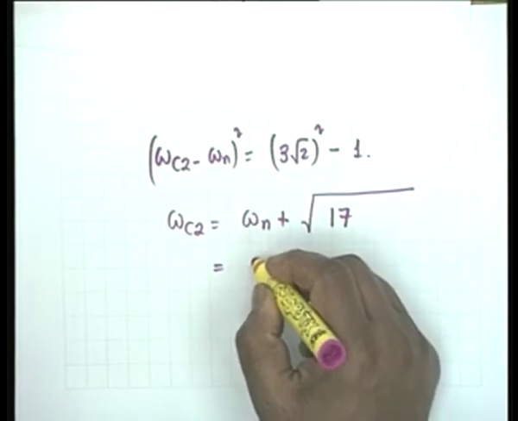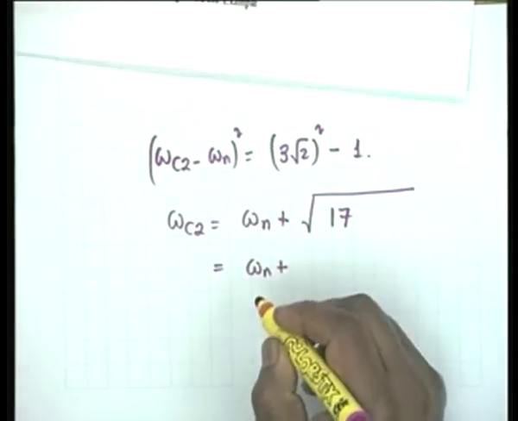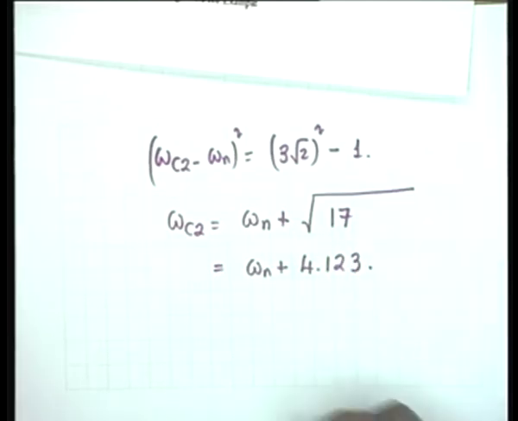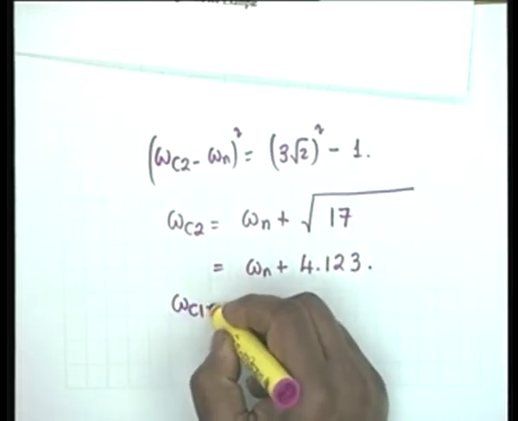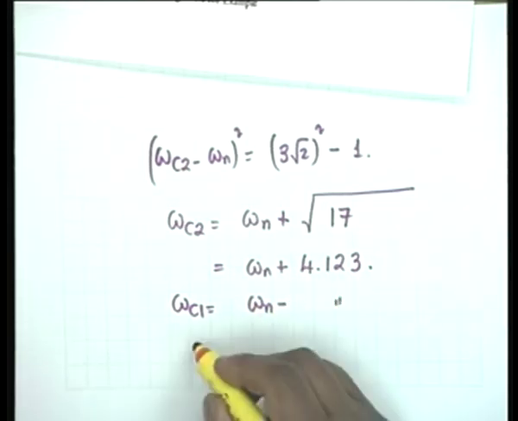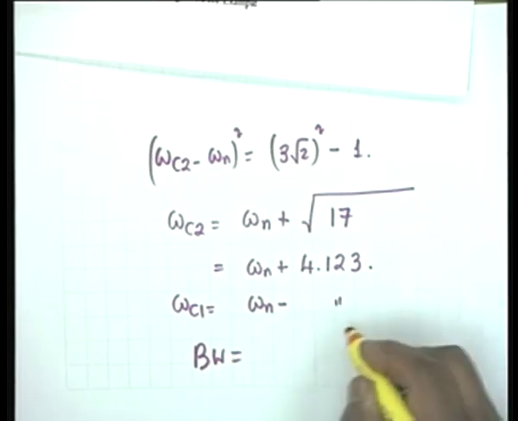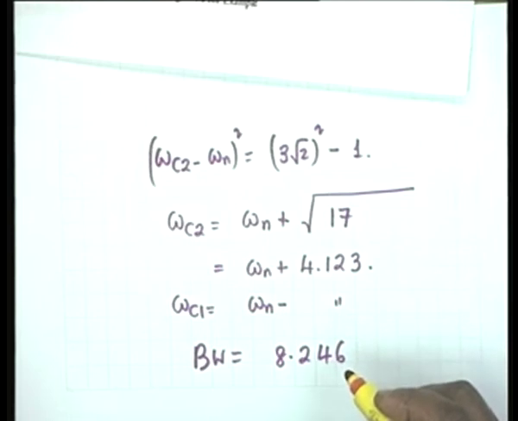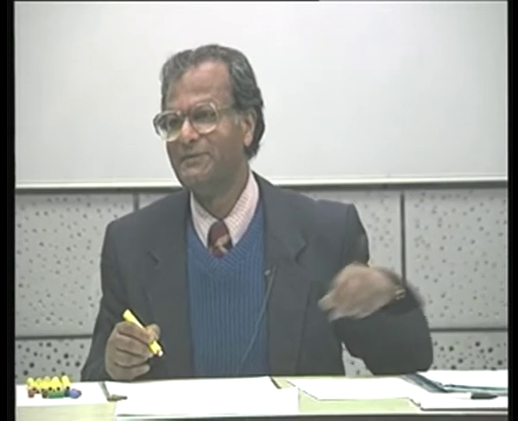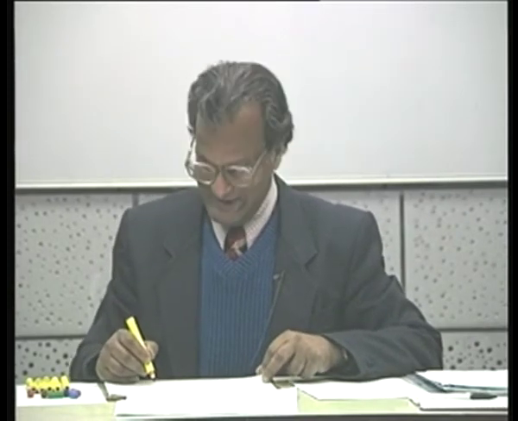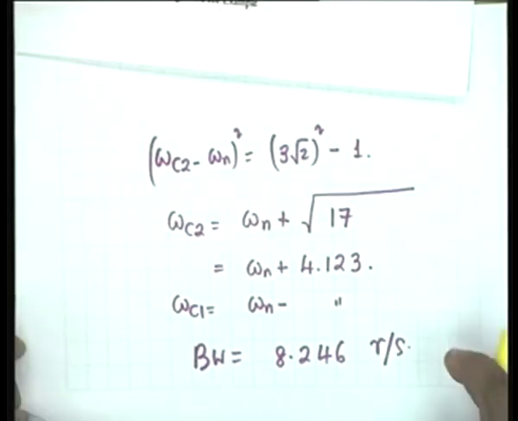So, this is equal to omega n plus square root of 17, which is 4.123. All right. Therefore, omega C1 by symmetry would be omega n minus the same quantity. Therefore, the bandwidth is the difference between the two. It would be 8.246. You must put the appropriate unit. What is the unit for bandwidth? Frequency, radians per second. Okay, radians per second.